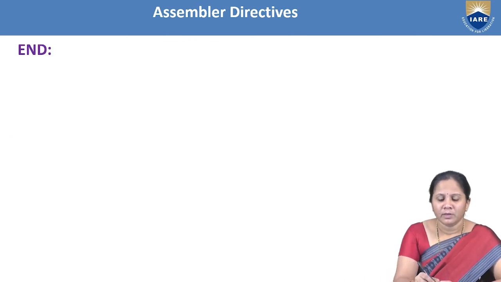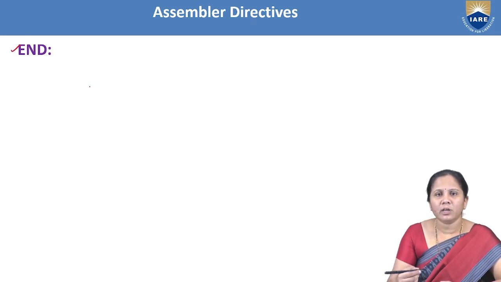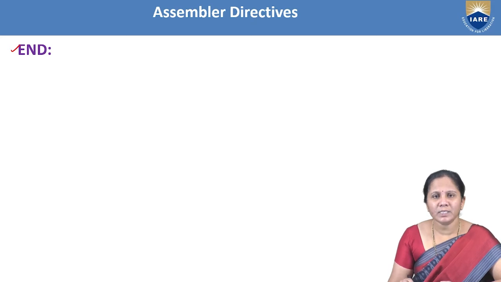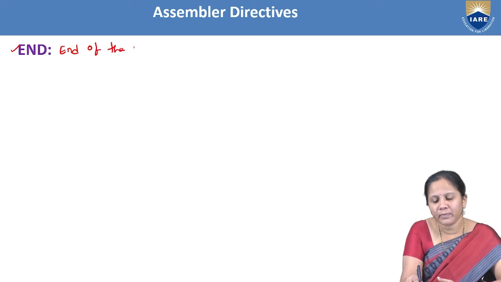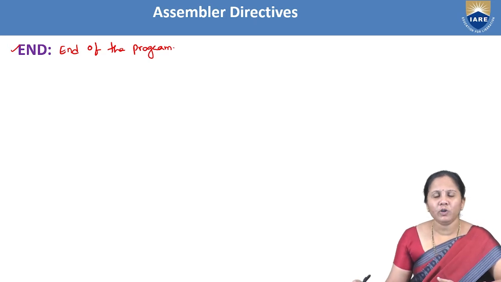Now, the next assembler directive is END. There are different assembler directives related to this end instruction: END, ENDP, ENDS. All these assembler directives are different. If it is simply END, it represents the end of the program.